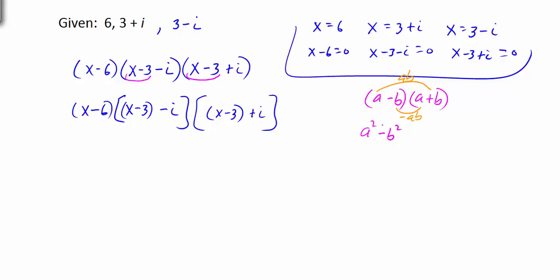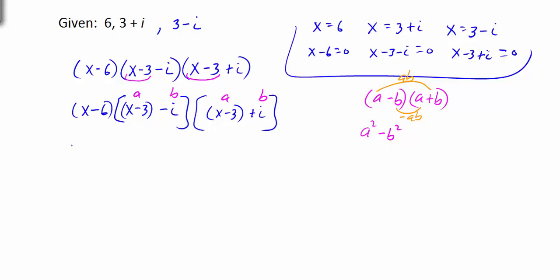Okay? If you look over here, we have the same thing. We have our a times a would be the x minus 3, and the b is the I. So it's minus b plus b. So in other words, here it's minus I and plus I.